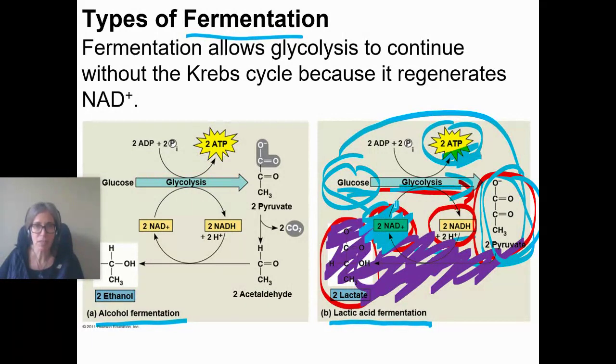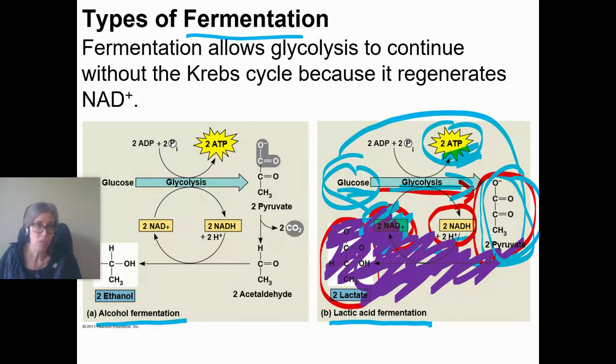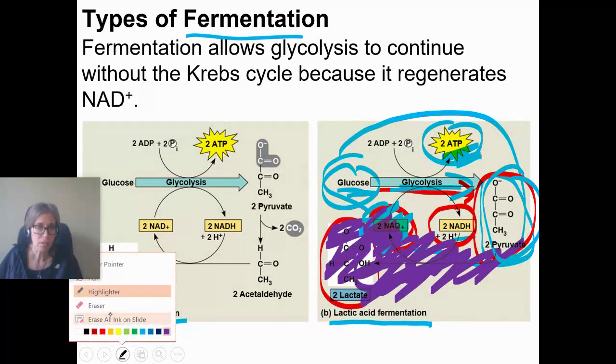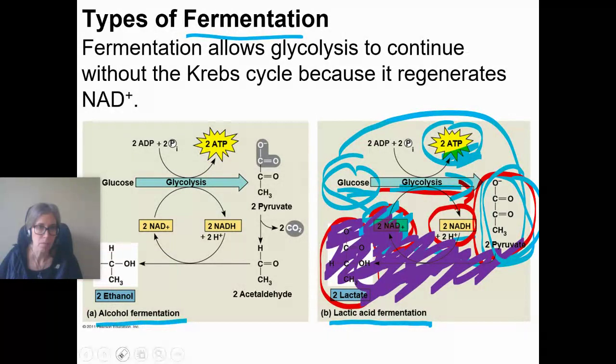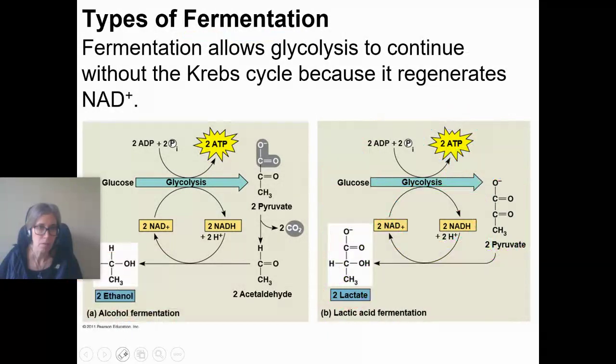If you have no NAD left, you can't keep doing glycolysis, right? So you would run out of NAD, and then you'd be done. You couldn't make any more ATP. So the whole point of fermentation is to be able to remake NAD+. That's the only reason that we do it.